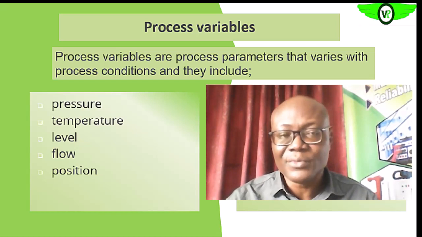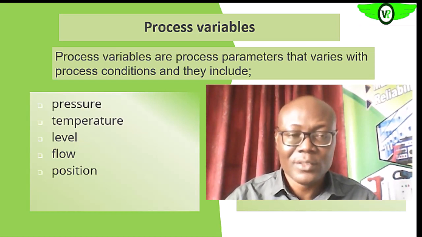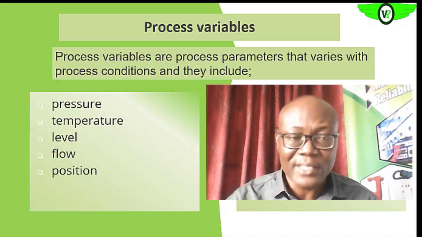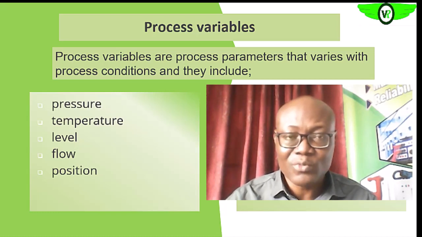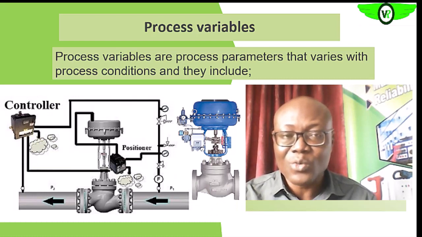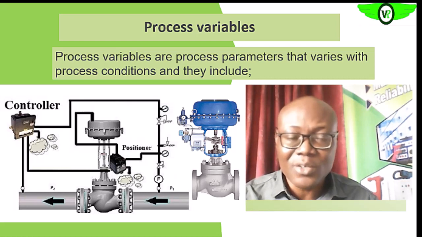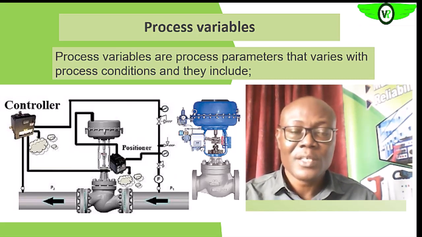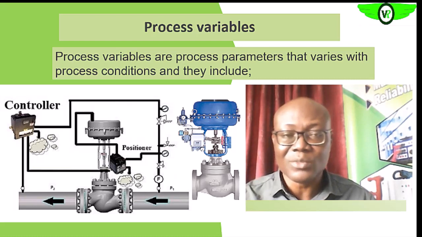Then we also have instruments that will help us magnify the output from these sensors and compare it to a set point. Those are called the controller, and then maybe that can send the information to wherever we want it to go. That's where the transmitters come in, which we'll see later.